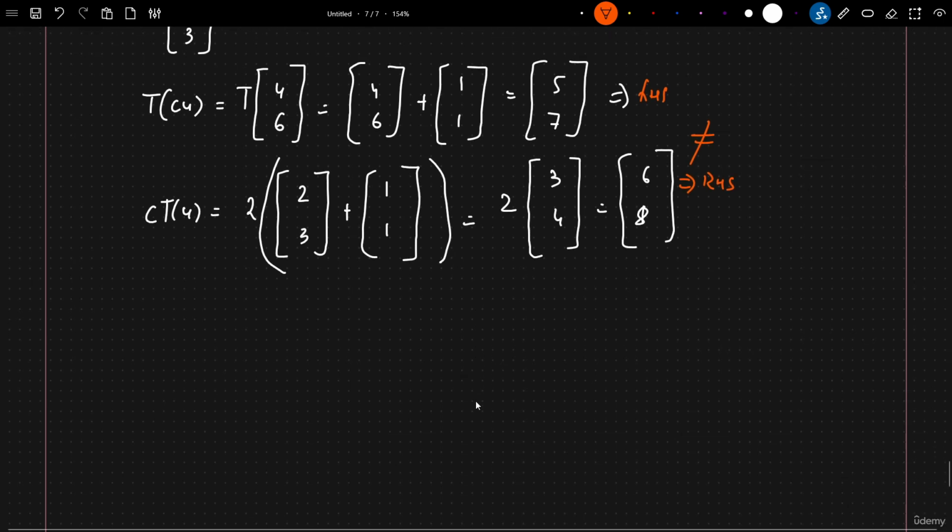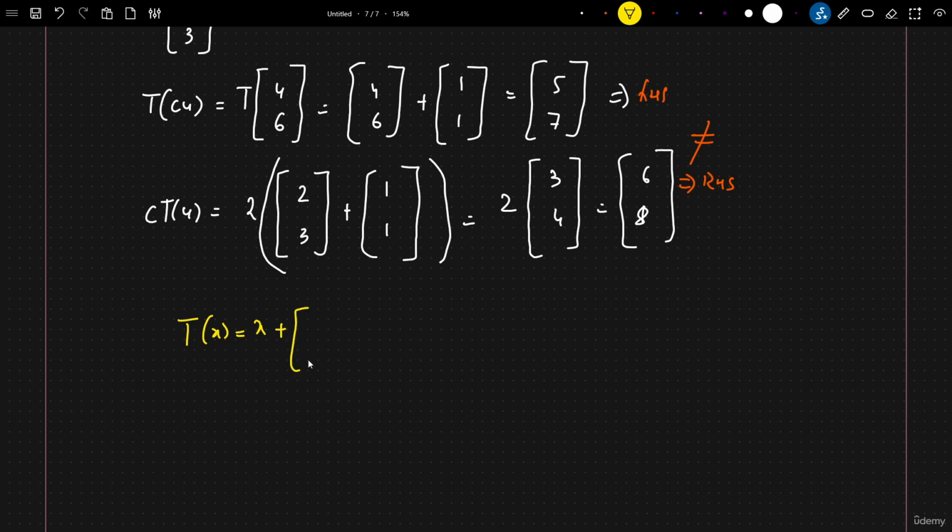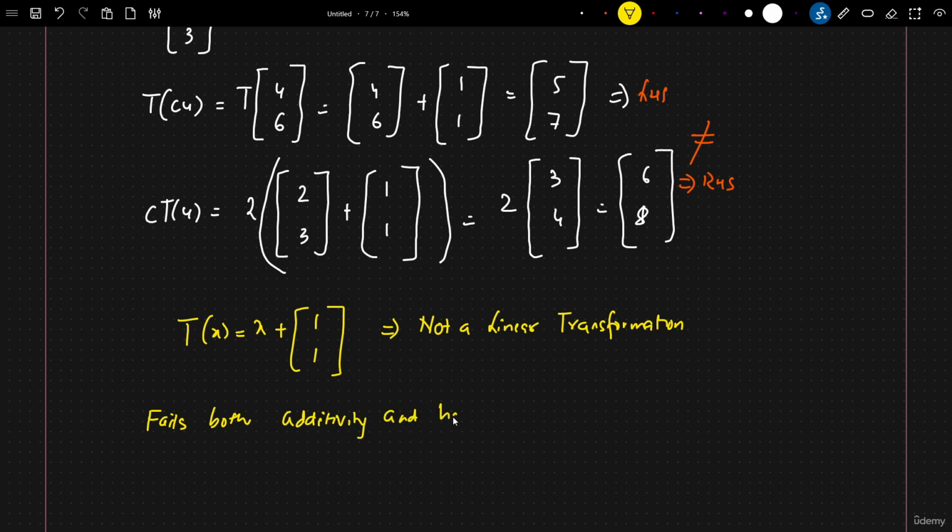So I can specifically make a conclusion that my T of X transformation, which is X plus 1, 1, which is a fixed vector over here, is not a linear transformation, because it fails both the additivity and homogeneity properties.